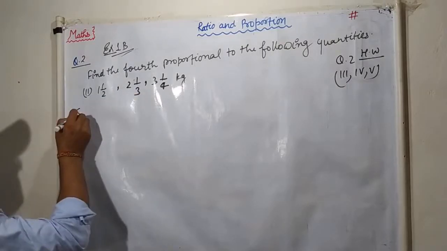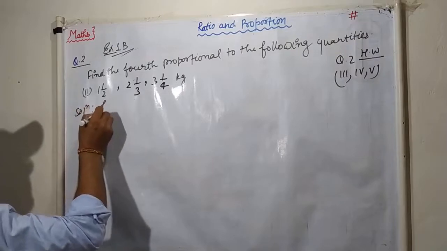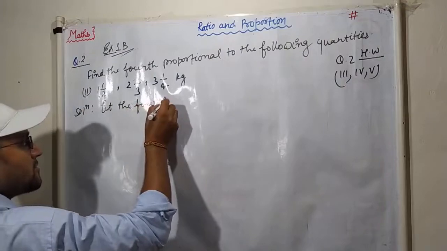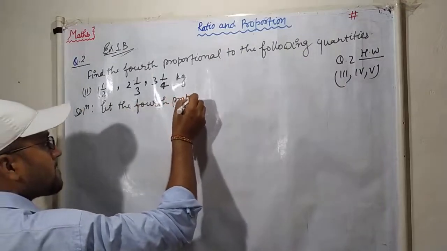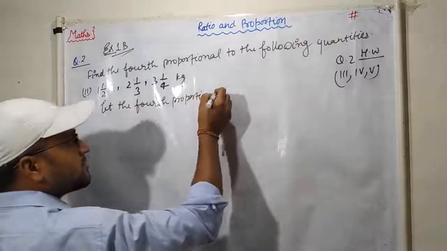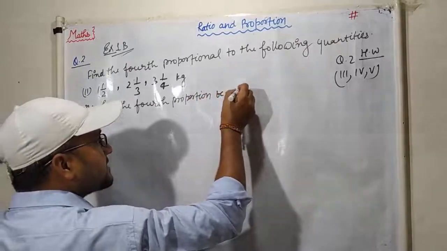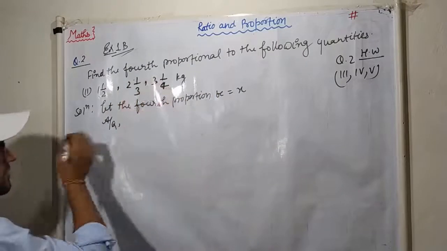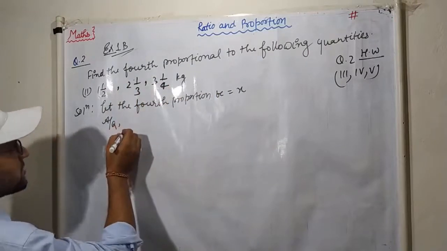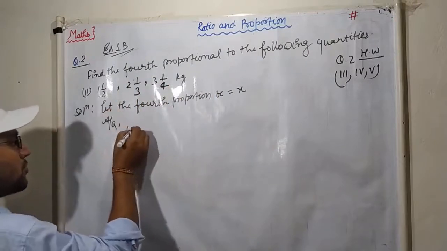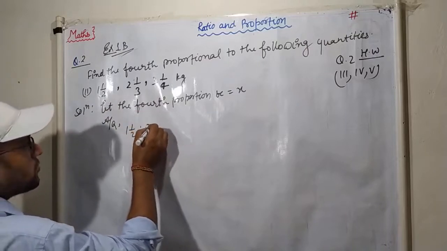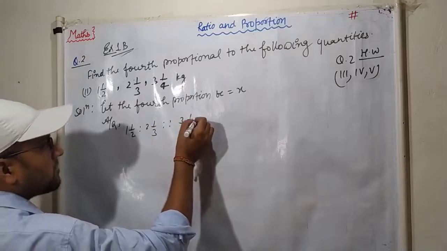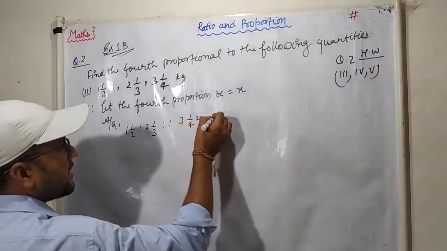Let in your solution the fourth proportion be x. According to the question, because they are in proportion, 1 whole 1/2 is to 2 whole 1/3 as 3 whole 1/4 kg is to x kg.